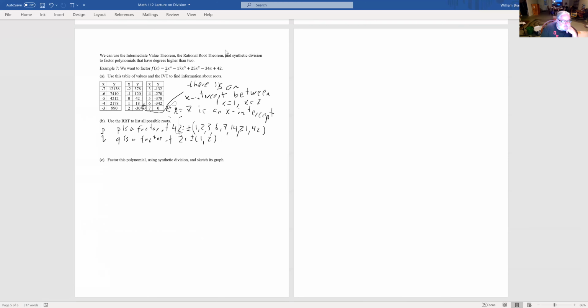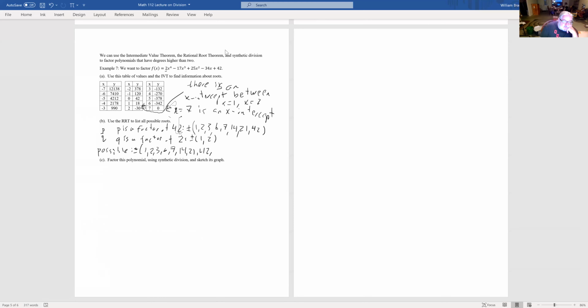So possible roots, all of these can be plus or minus. If I take these numbers and divide them by 1, I just get these numbers again: 1, 2, 3, 6, 7, 14, 21, 42. Those are all possible roots.